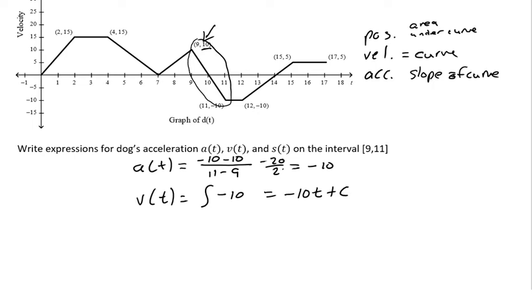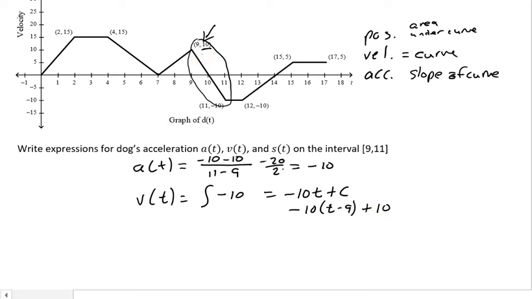Now we have to alter this a little bit, make it negative 10, and we're going to have to change it because we're starting at 9 and not 0. We have to make that t minus 9. And then plus c, but we're going to change that plus c, and that's going to be plus 10 because that's where we started.